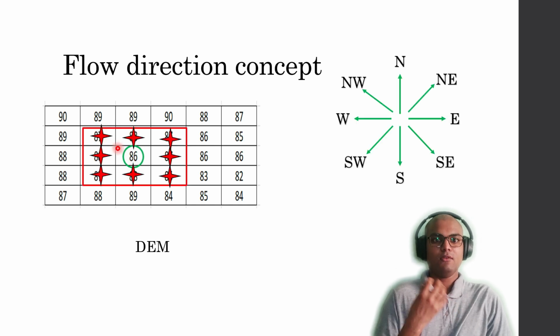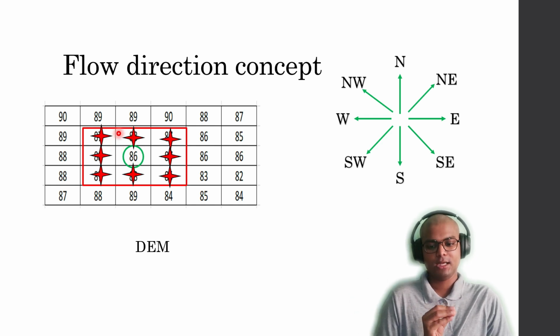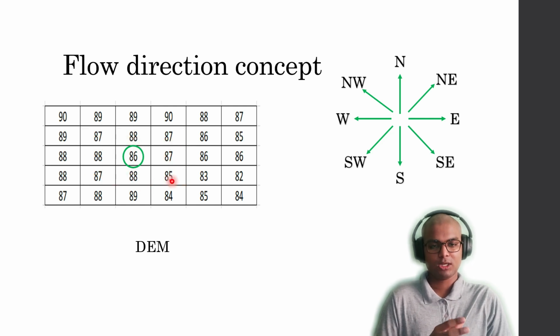When we think about how the water will flow from 86 to the next cell, we again see all the 8 directions and see where the water is capable of flowing. Here the water is able to flow to the 85 elevation because the elevation difference is higher there compared to the other cells in the 8 directions.